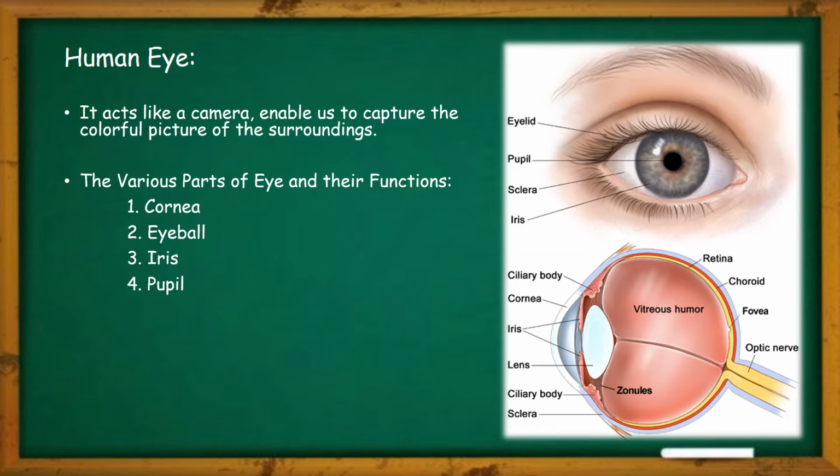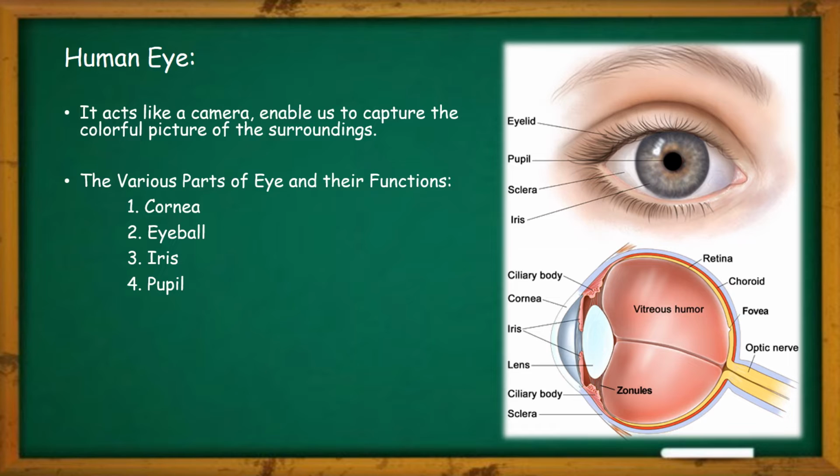When the light is bright, the iris contracts the pupil so that less light will enter into our eye. When the light is dim, the iris expands the pupil so that more light will enter into our eye. The pupil opens completely when the iris is relaxed.